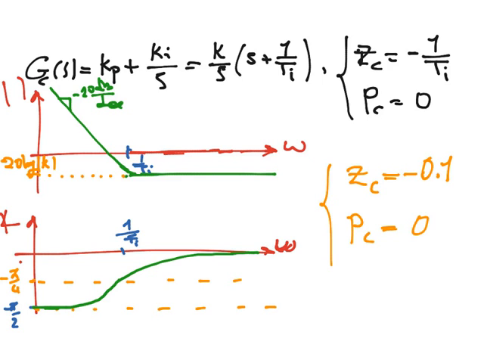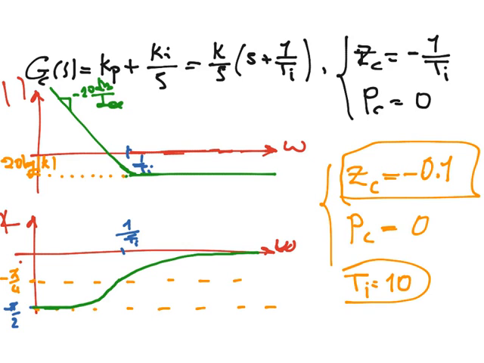So in this case, with ZC equal to minus 0.1, we can obtain Ti equal to 10. And from here, we can obtain GC(s) in terms of Kp and Ki.